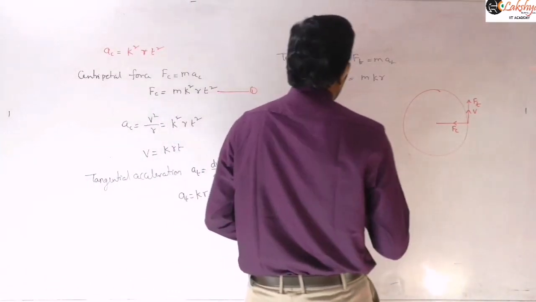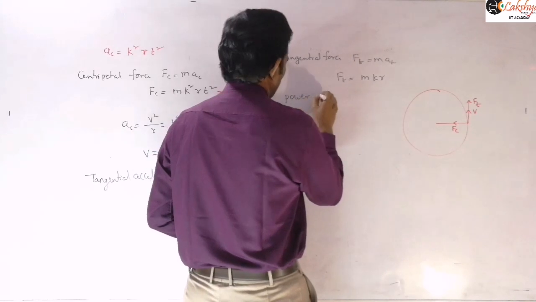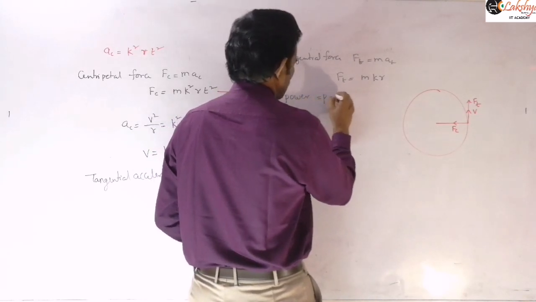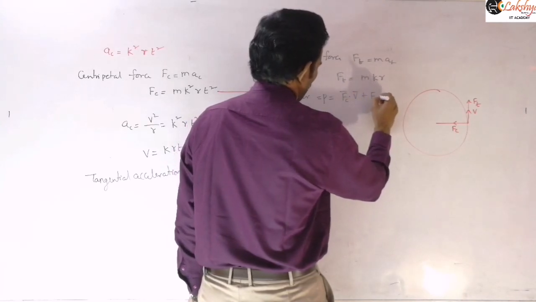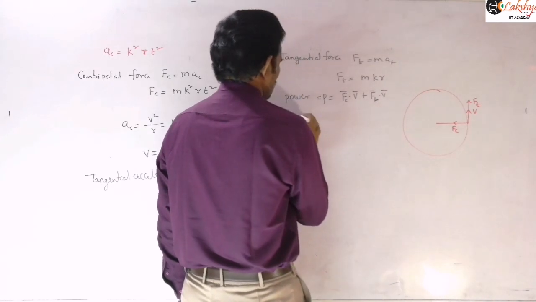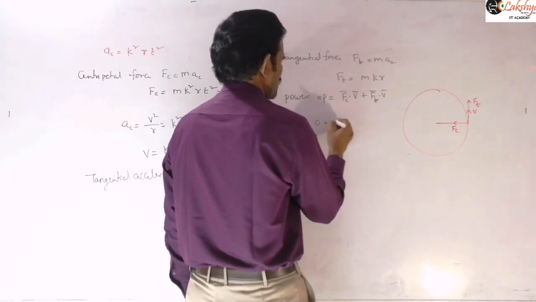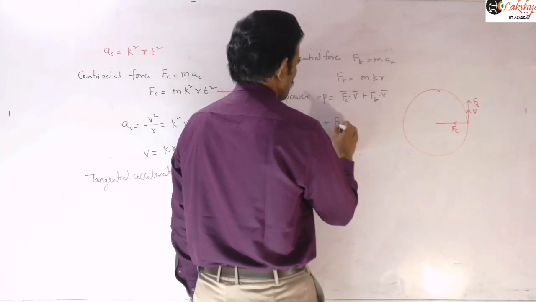And so what we can write here is, therefore, power delivered is Fc bar into V bar plus Ft bar into V bar. And therefore the first term is 0, that we know already, and Ft into V into cos 0 you can write here.